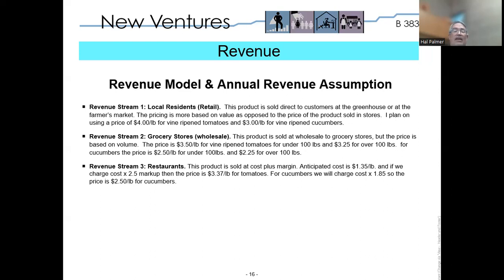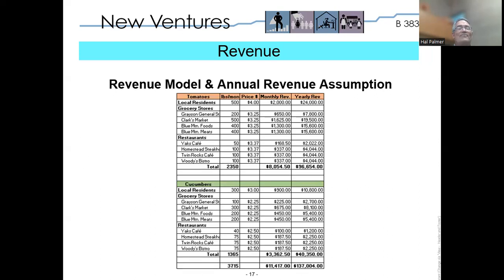So in the next slide, I've added our annual revenue projections. Here we can see our projections, and I have outlaid our 3 customer segments and what I expect to earn from those. A total of these 3 segments would be $96,000 just on tomatoes.